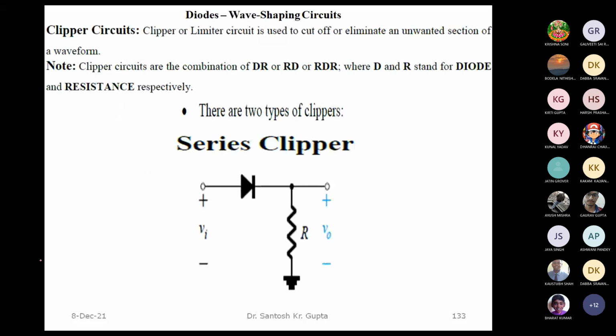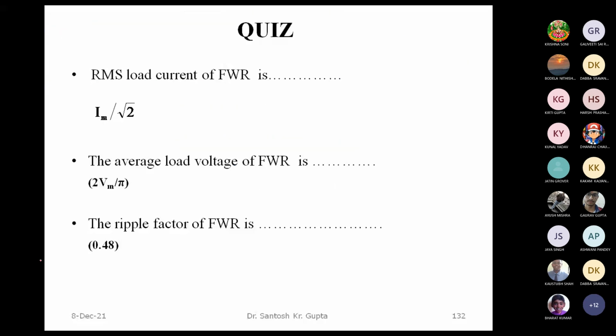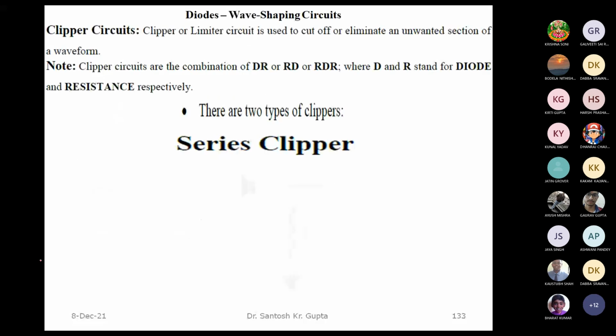In the last lecture, we also announced that in the coming lecture, we will be looking at some applications of the PN junction diodes. One such application is wave shaping, that is, how to have different shapes of the input waveform at the output.